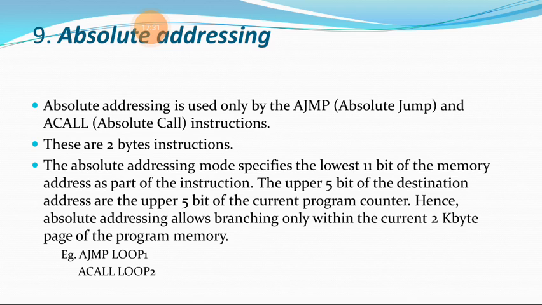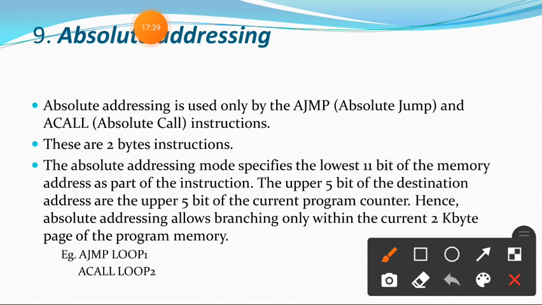Then absolute addressing. Here absolute addressing is used by the AJMP and ACALL instructions. There are two types of absolute addressing modes, using AJMP, absolute jump, and ACALL instructions. These are 2-byte instructions. 2 bytes means a total of 16 bits.